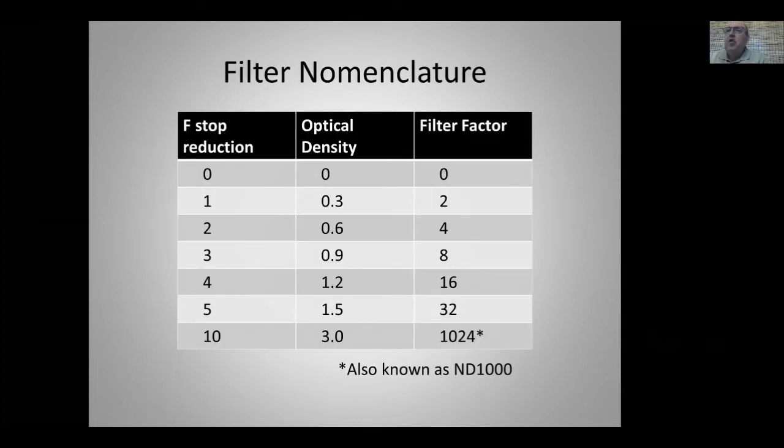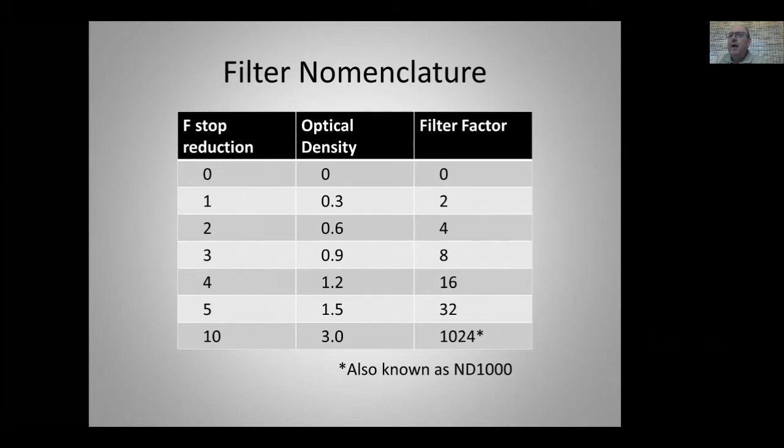So, filter nomenclature. I can remember years ago when I started getting involved in this stuff, I was puzzled by the way manufacturers advertise and label their filters. I found a chart that looked like this, and it helped me a ton. The way you read it is, in the left-hand column, say you want a one f-stop reduction in light, which is not much in the filter world.